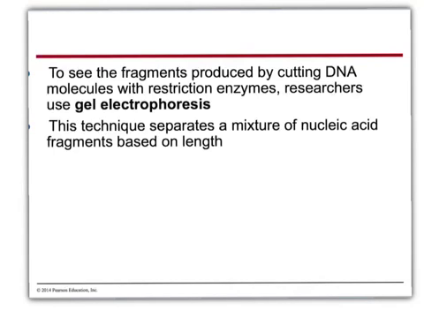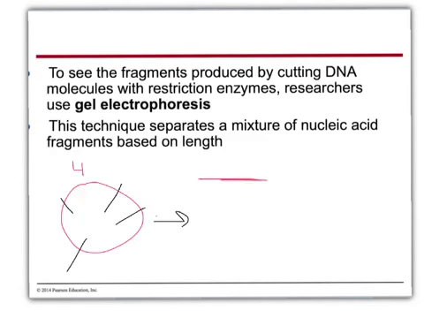So you take a mixture of DNA, whatever it might be. Say you start with a plasmid and you use the restriction enzyme to cut it in 4 places. Now it's going to end up in fragments, some bigger, some smaller. Let's say this is 4, 1, 2, 3.